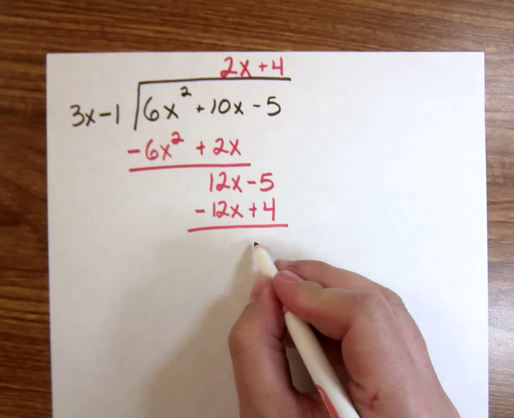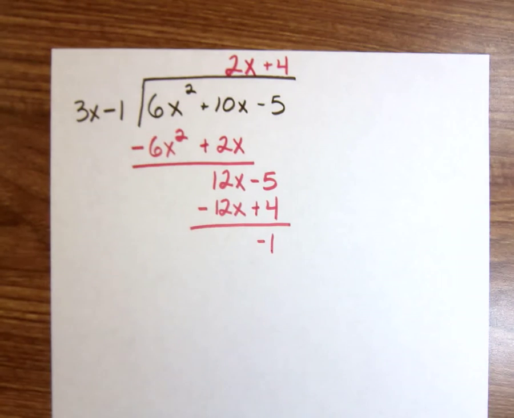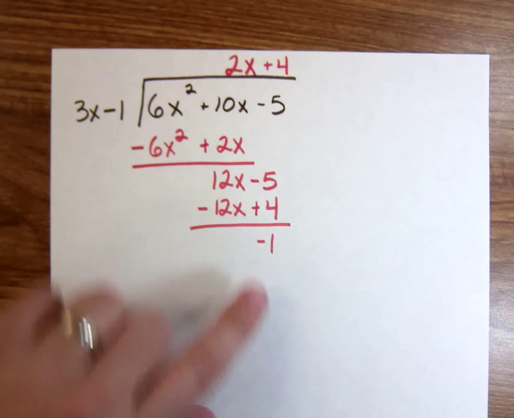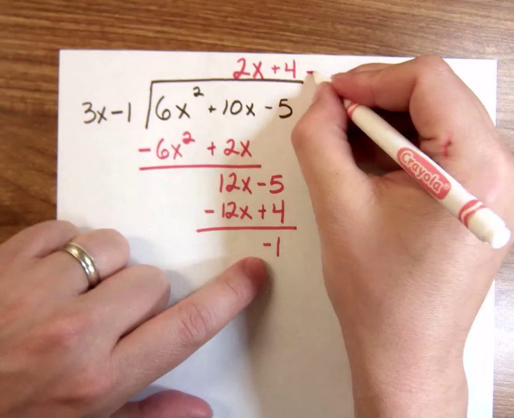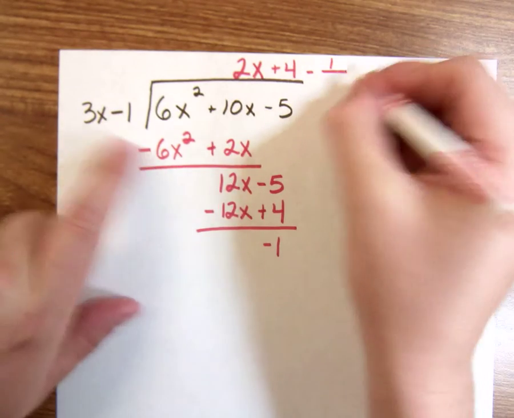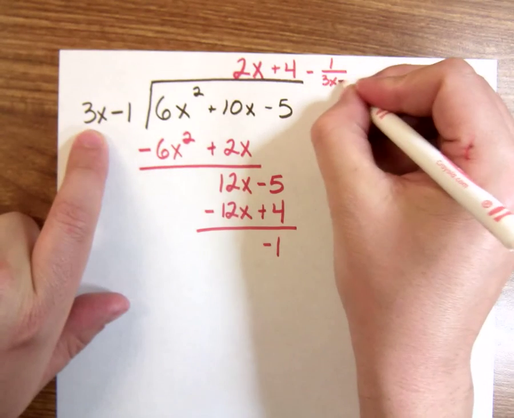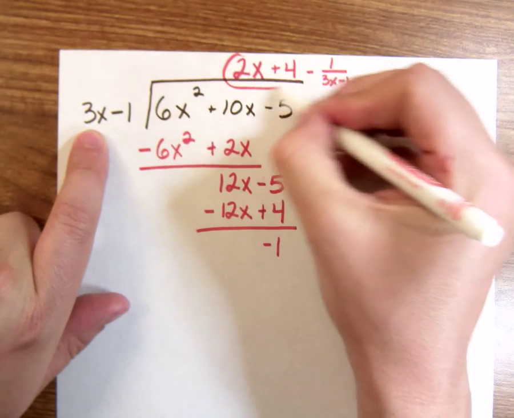Negative 5 plus 4 is negative 1. I've got a remainder. So I guess I'll just go up to the top and write r negative 1 and call it a day. Hold on. Not so quick. Or I'll make the math gods smile upon me by writing the remainder correctly, which is to put minus 1 over 3x minus 1. That is the answer.